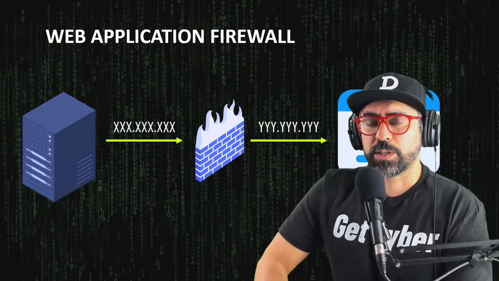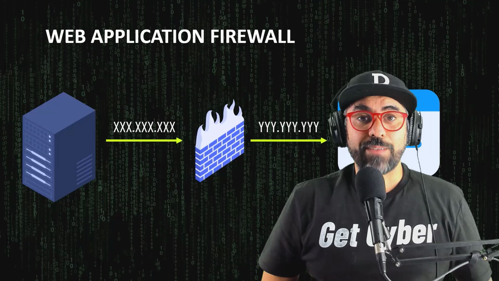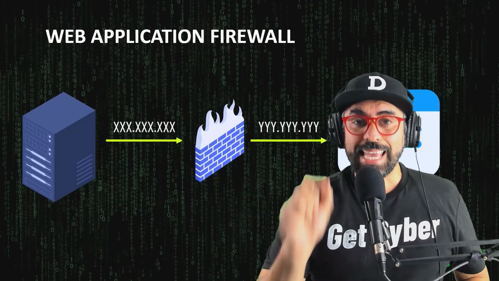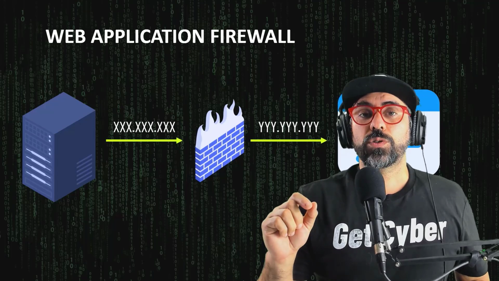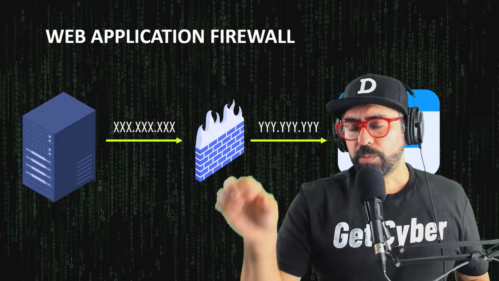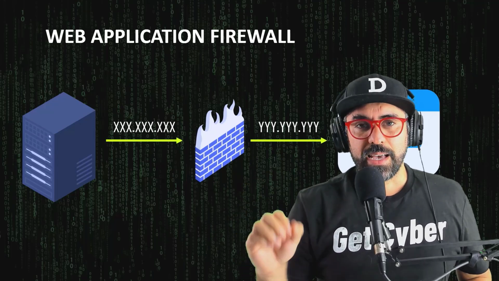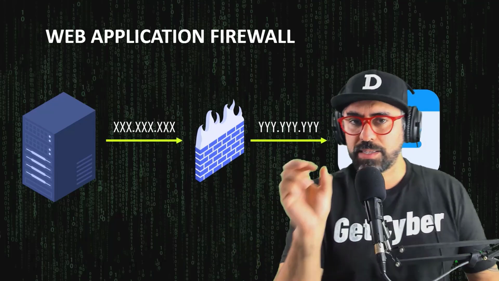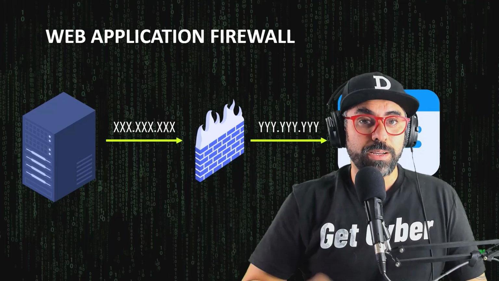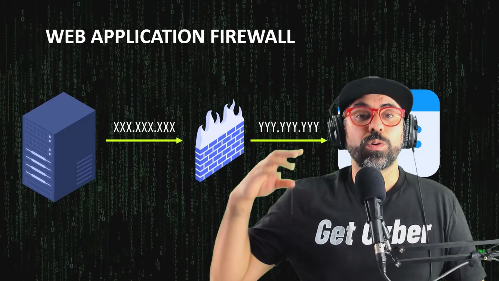So for example, Cloudflare, you don't even have to pay for it. You just sign up and all you have to do is change your name server inside of your domain controller. So let's say GoDaddy domain controller or EasyDNS or what have you. Change the DNS name server to point to the Cloudflare web server, and then it will do the job for you.